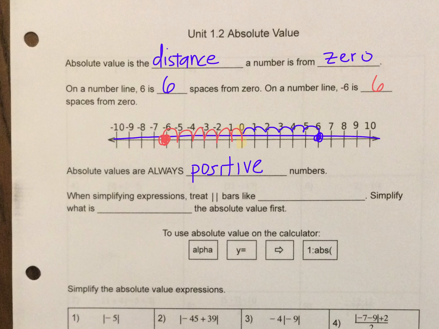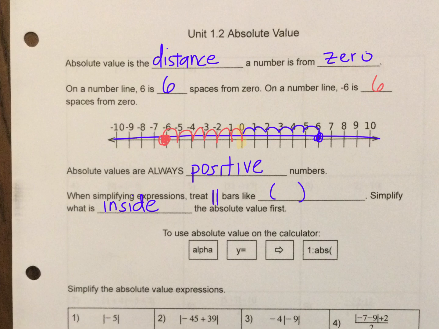When we are simplifying expressions, that simply means we're doing math, we treat the absolute value bars like parentheses. Simplify what is inside the absolute value first. And like yesterday, we got good news. Our calculators are super smart.